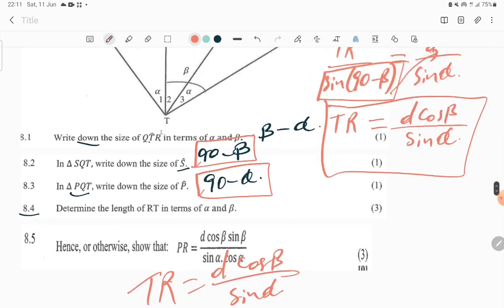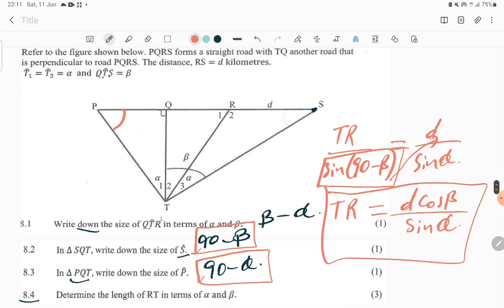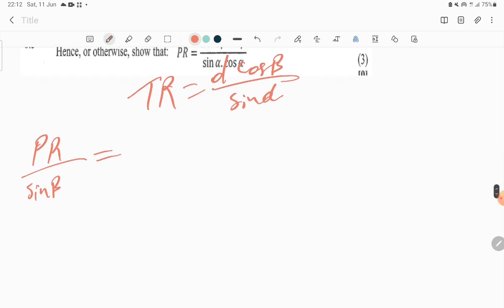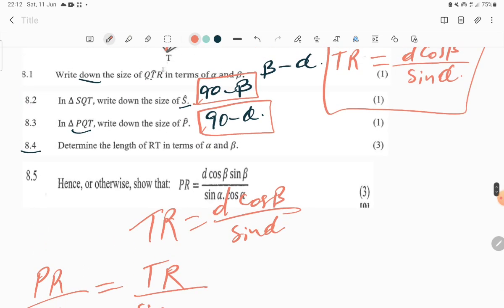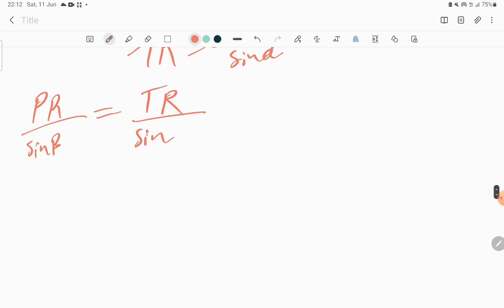So we are going to say it's going to be this side divided by sine of that angle, which is TR divided by sine of angle P, which is 90 minus alpha.